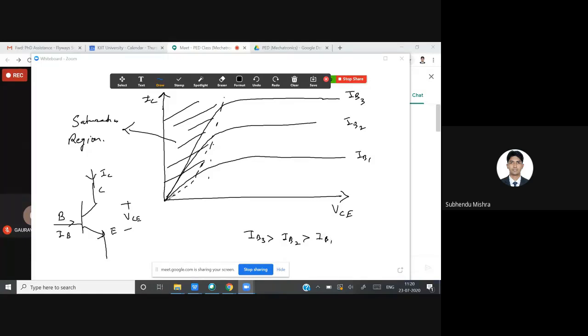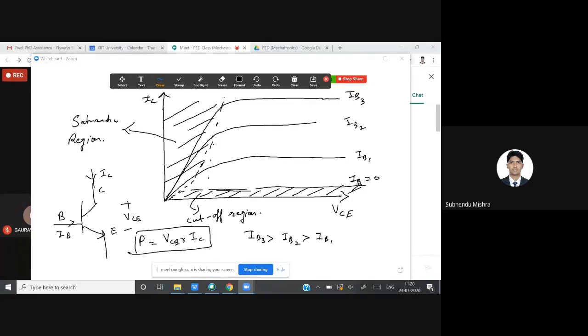If we don't have any IB value, that is, if IB is 0, then the circuit is turned off. That is the cutoff region. The power consumed by this transistor is given by VCE into IC.